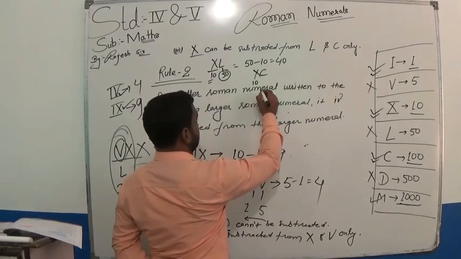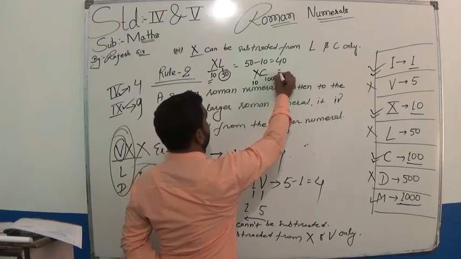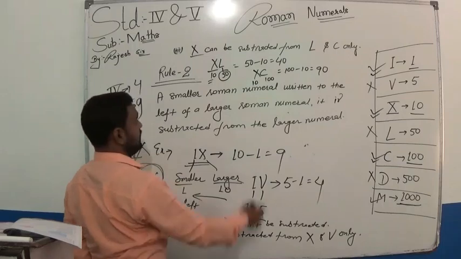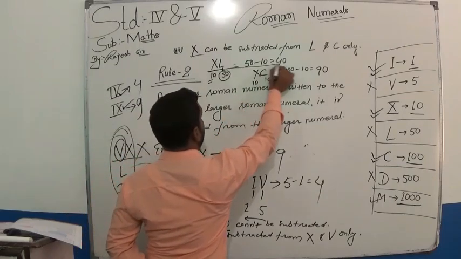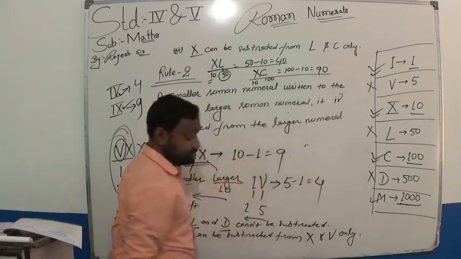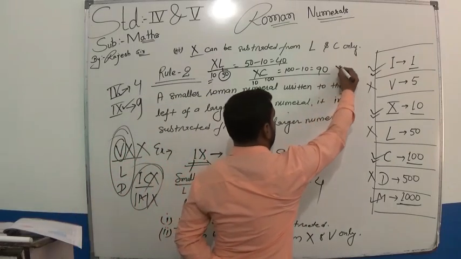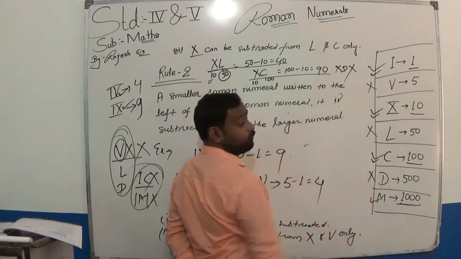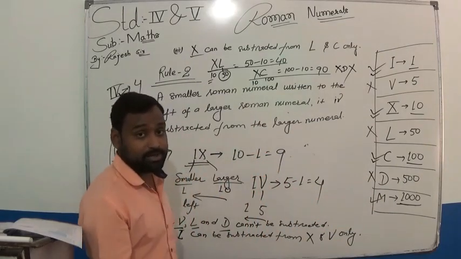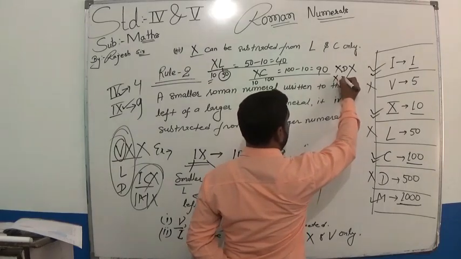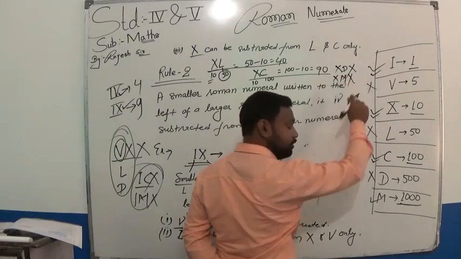It is 10, it is 100. 100 minus 10 equal to 90. XL equal to 40 and XC equal to 90. We never write XD. We can never write XM. It will be wrong.